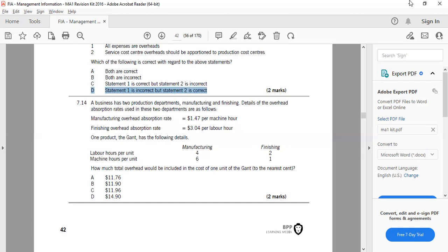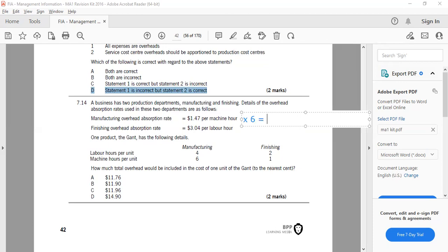For manufacturing overhead, we are going to multiply 6 by 1.47. We are going to get 8.82. It says manufacturing overheads absorption rate, so here we will multiply by 6.